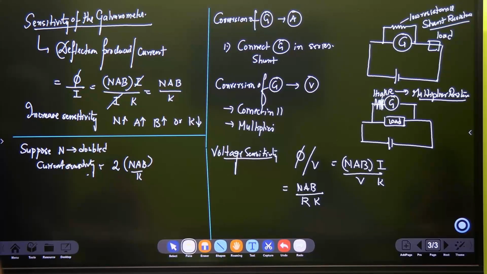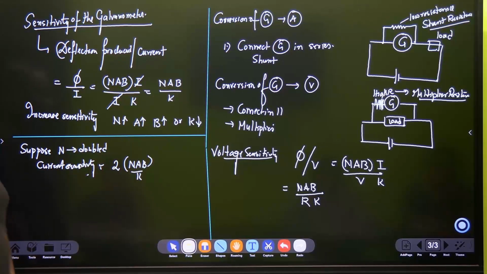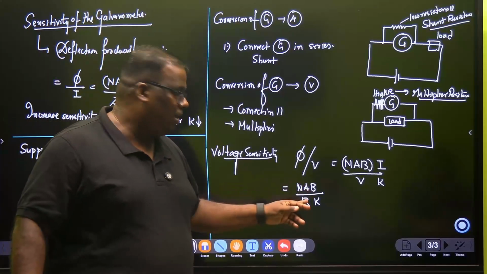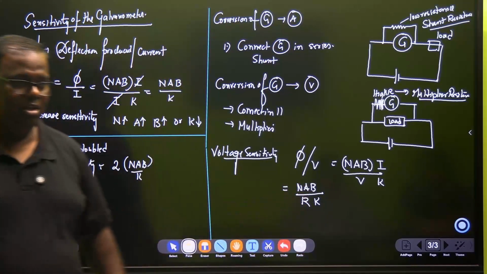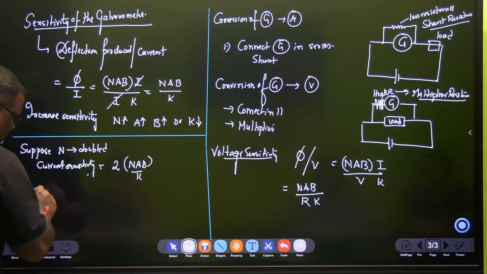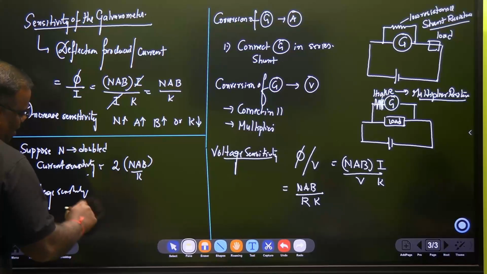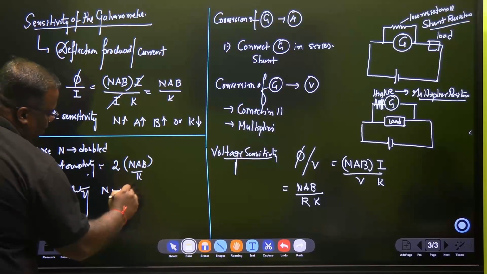That's the question. By changing N, you made it super sensitive for current. And look at voltage, it is NAB by RK. Here also N has become double. No. In case of voltage sensitivity, this is very interesting. N has become 2N.